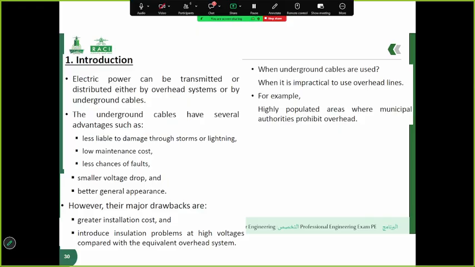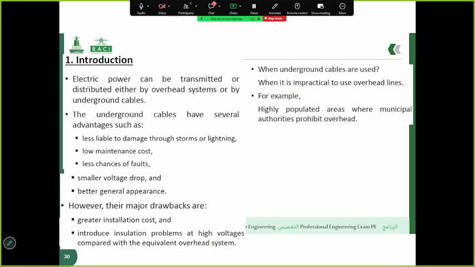with towers and conductors. However, these benefits come with significant disadvantages. Their major drawbacks are the greater installation cost, which includes the expenses of trenching and specialized equipment, and installation problems they can introduce at high voltages compared to the simpler installation of overhead systems.